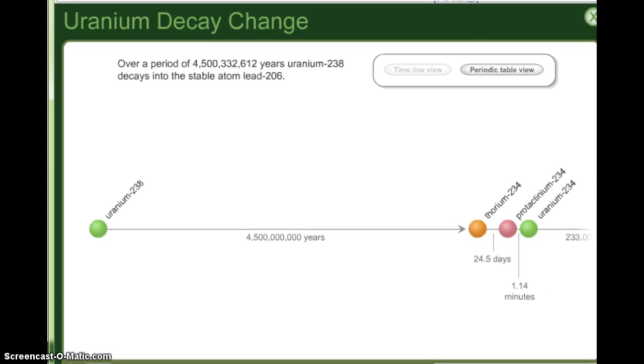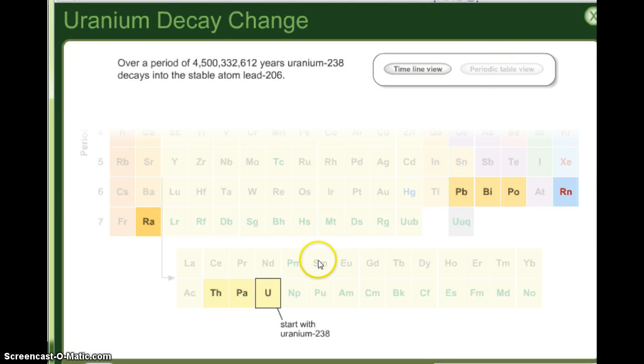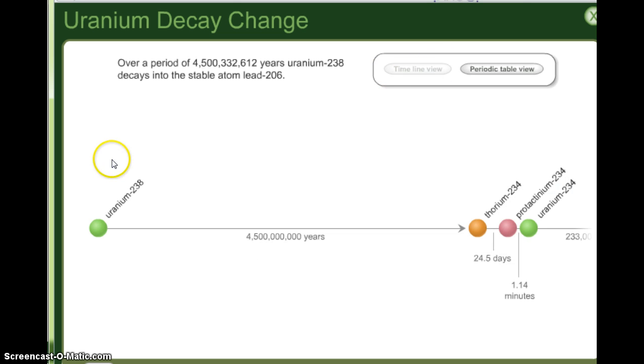And so we have our timeline here. I'm going to show you this first. So you start with uranium-238, and we are going to be changing into all of these elements along the way. So, uranium-238. It takes 4.5 billion years for it to decay into thorium.